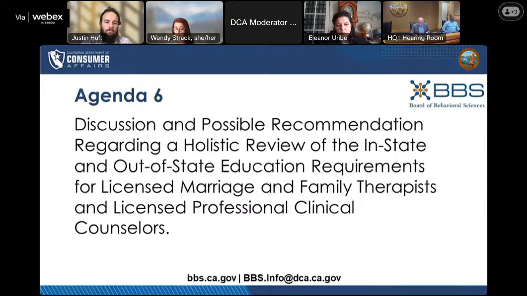So the proposal here is to address these challenges. It's going to be a long process, but we have a couple of things that we want to do. The first is definitely to do the comprehensive review and to evaluate the education requirements for in-state and out-of-state programs, focusing on timing, length, and content.